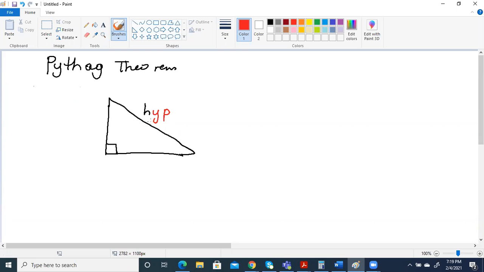All right, so this is the hypotenuse here. So I'm going to call the hypotenuse C, and just call the other two sides A and B. So what Pythagoras' theorem states is that the length of the hypotenuse, which we have here as C, the square of it is equal to the sum of the other two sides squared.